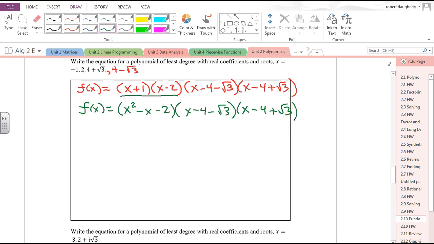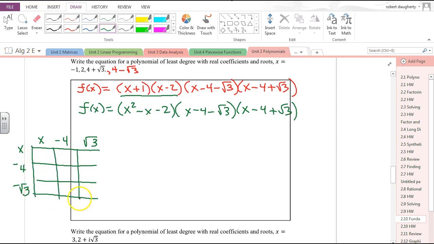So I can't avoid it forever. What do I have to multiply now? Yeah, these last two things, I'm going to have to multiply these things together. So x minus 4 minus root 3, x minus 4 plus root 3. Easy question.